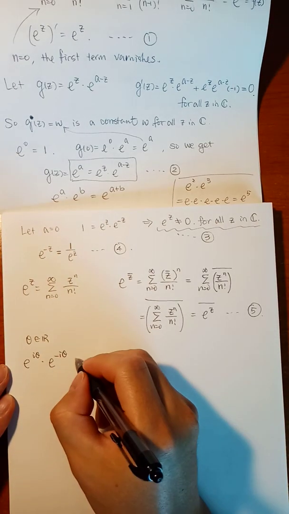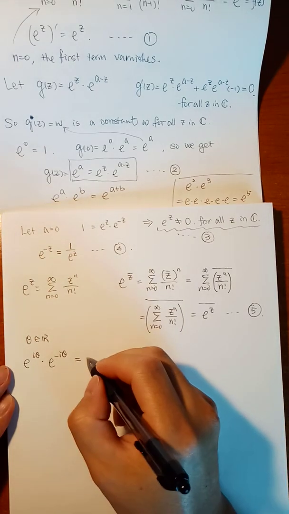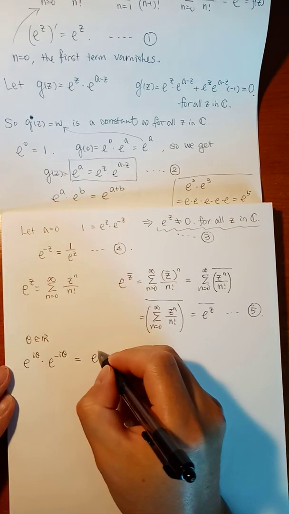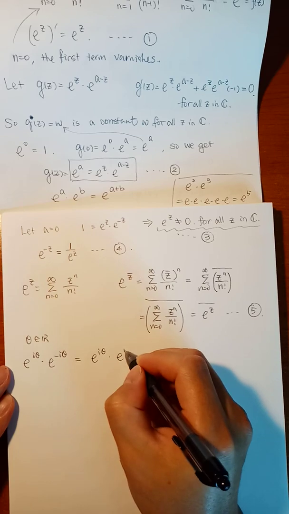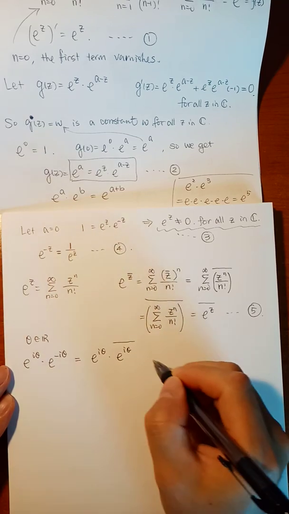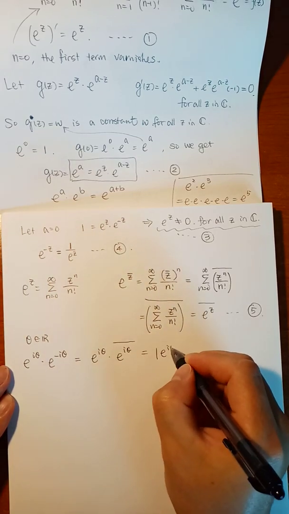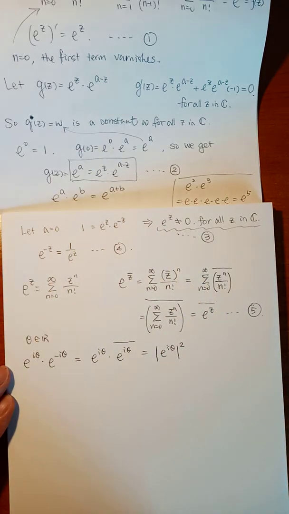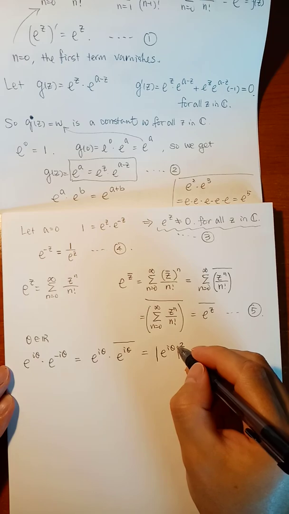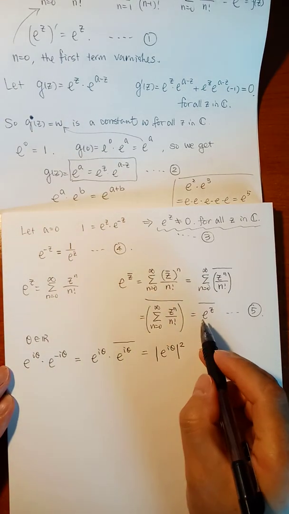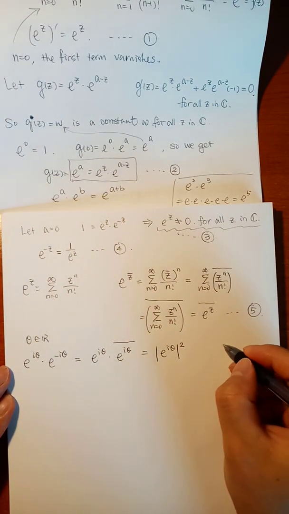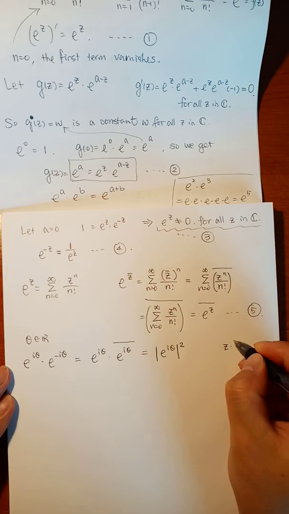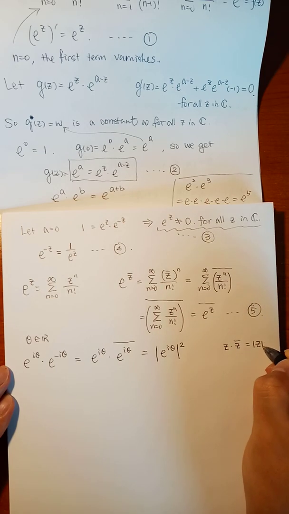And this is equal to e to i theta times e to i theta bar. So it's e to i theta's absolute value squared. This is the property like this. So z bar is equal to the absolute value of z squared.